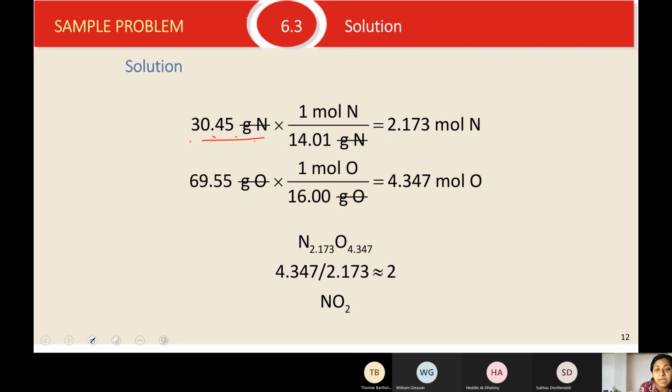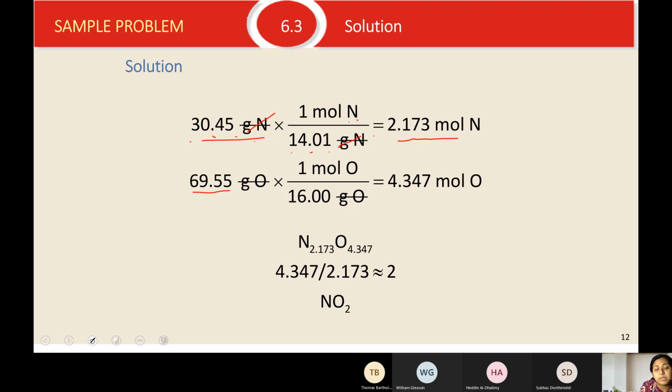I multiply by 1 mole of nitrogen divided by 14.01 grams, because 1 mole of nitrogen weighs 14.01 grams. Grams of nitrogen cancel out and I get 2.173 moles of nitrogen.